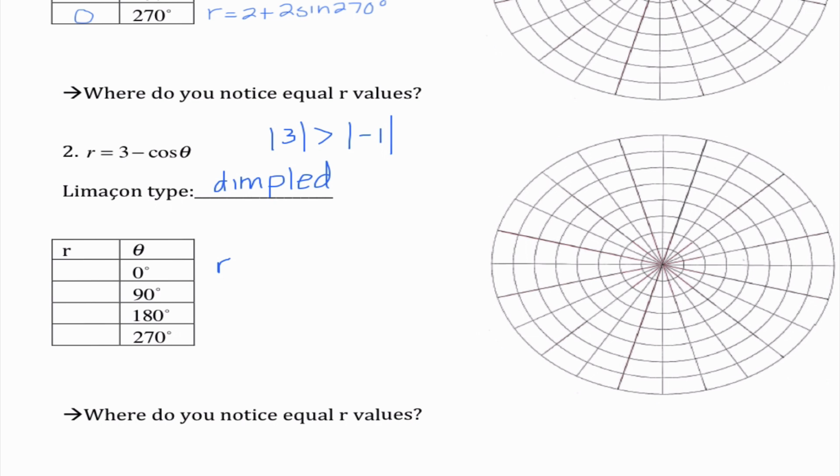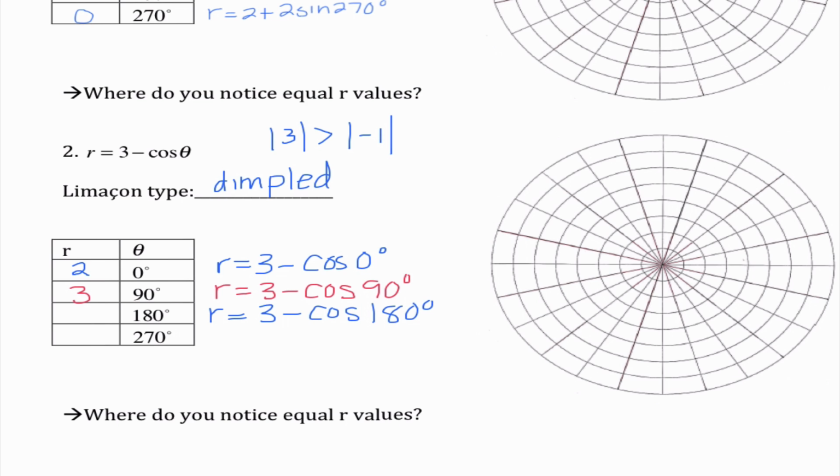So I'm going to do r equals 3 minus cosine of 0 degrees. I know cosine of 0 is 1, so 3 minus 1 is 2. R equals 3 minus cosine of 90. Cosine of 90 is 0, so I get 3. R equals 3 minus cosine of 180. Cosine of 180 is negative 1, so 3 minus negative 1 is 4.